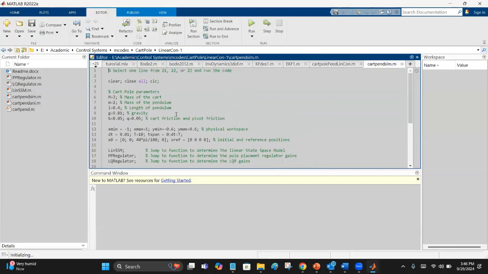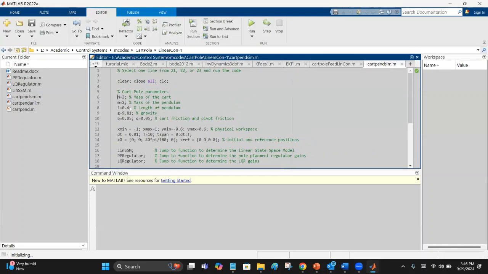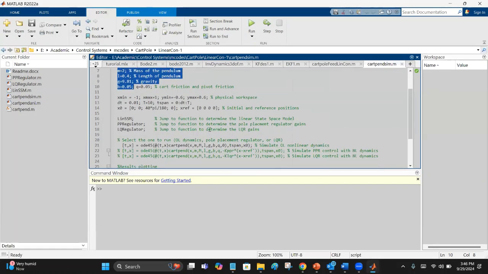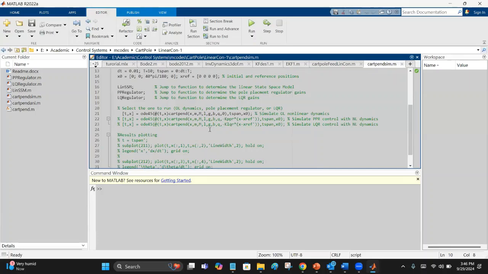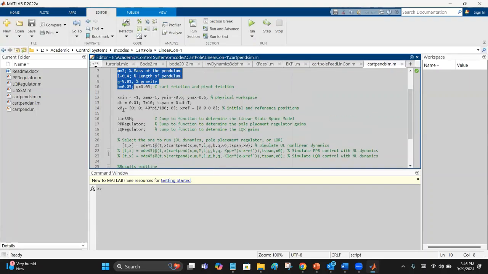So there you can see the system parameters like this, right? Pole length, gravity, drag coefficient like that. And then you can see over here the initial condition, right? You can see x is 0, x dot is also 0. Cart is actually standing still. It's not moving at 0.